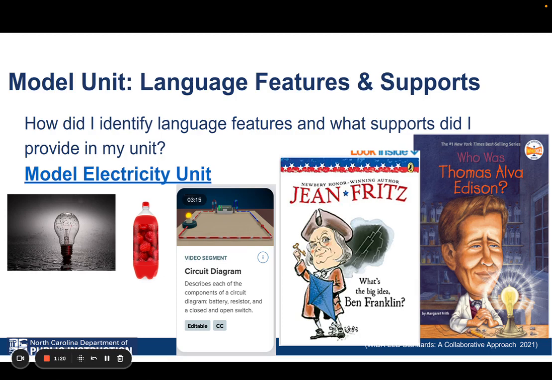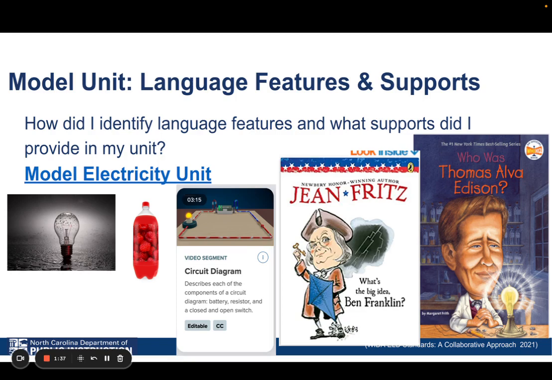But back to our electricity unit, I want us to think about how I identified the language features that I wanted to teach to my students and what supports I provided in my unit.